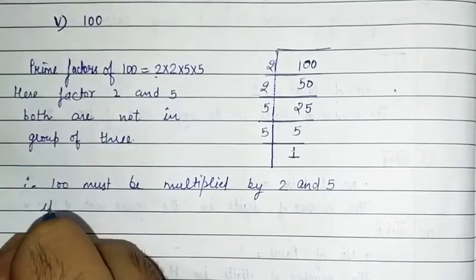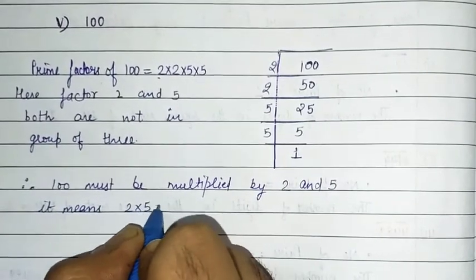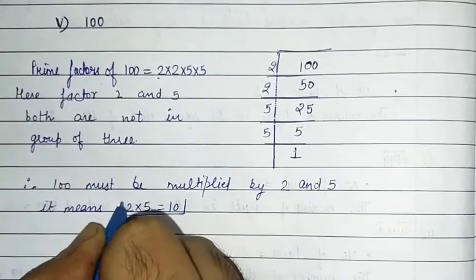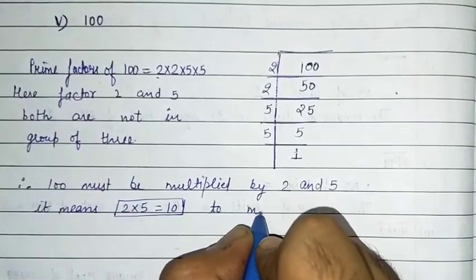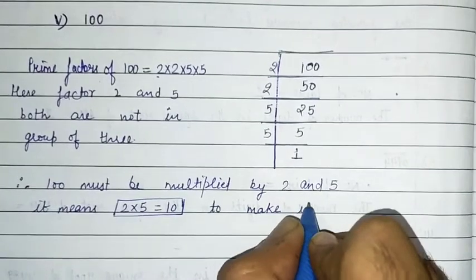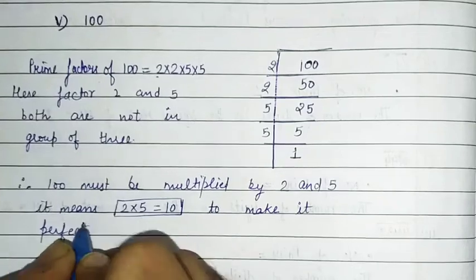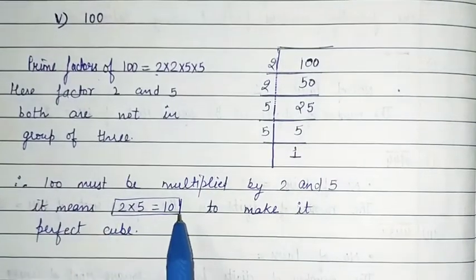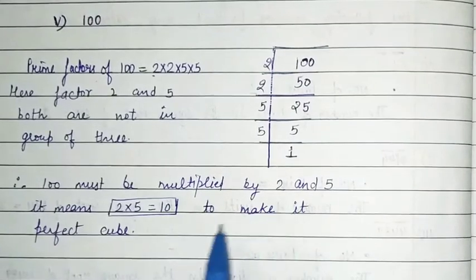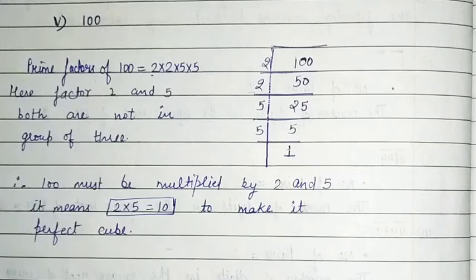It means it should be multiplied by 2 into 5, which equals 10, to make it a perfect cube. So we have to multiply it with 10 to make it a perfect cube. So this is your answer.